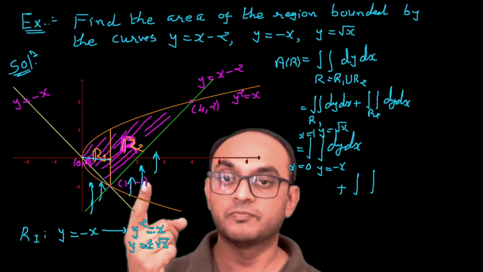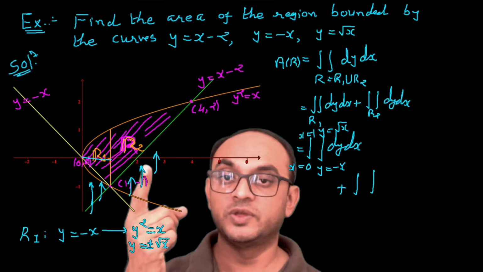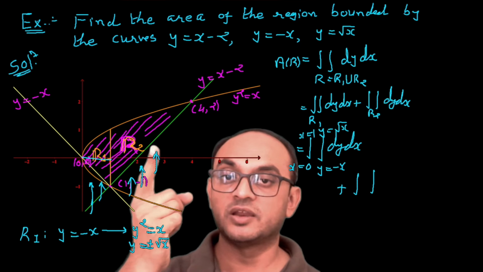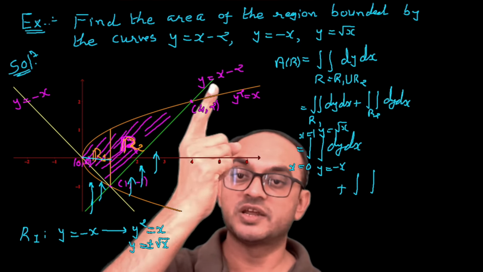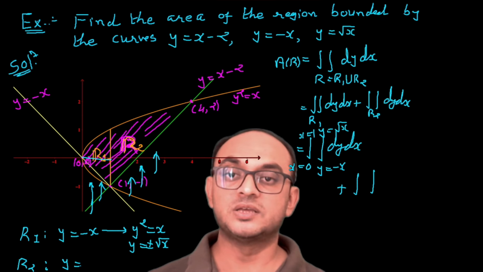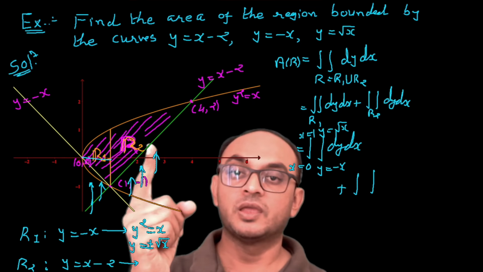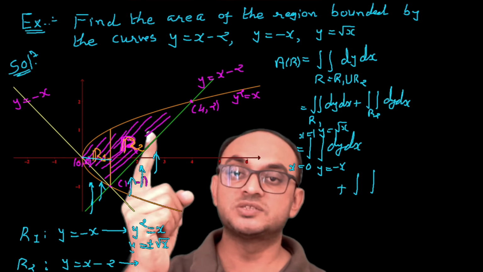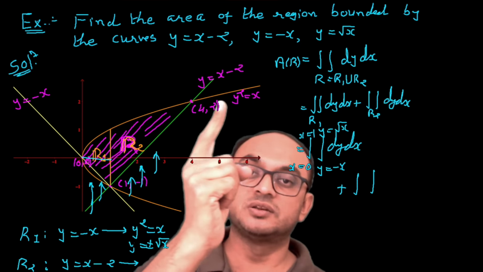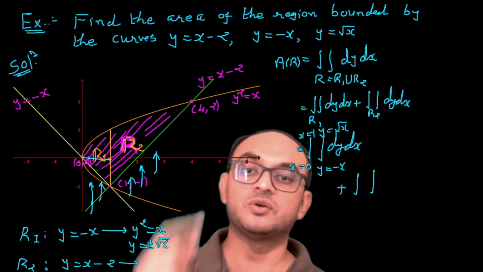Observe R2. We are moving towards the region. We are entering from this line. The equation of this line is y equal to x minus 2. So I am writing here for R2, y is equal to x minus 2 to, once we are going in this direction, we exit from the region from this curve, y square equal to x.